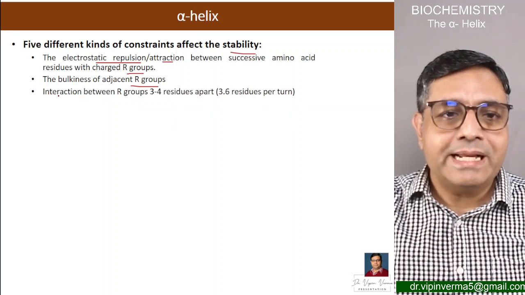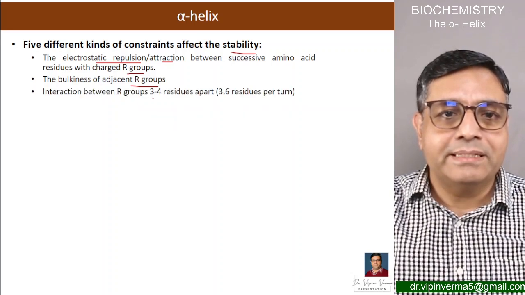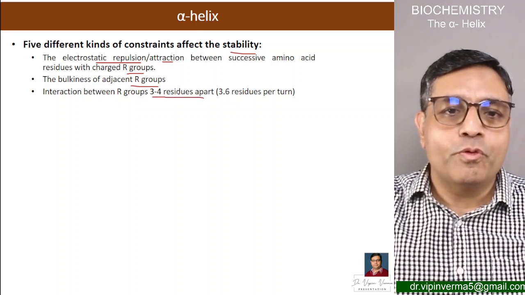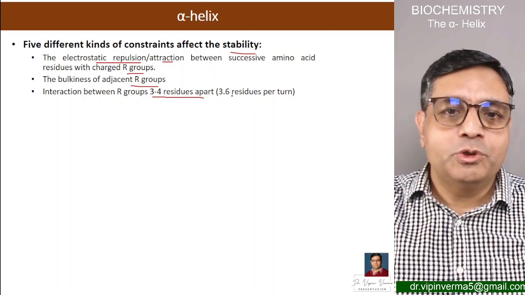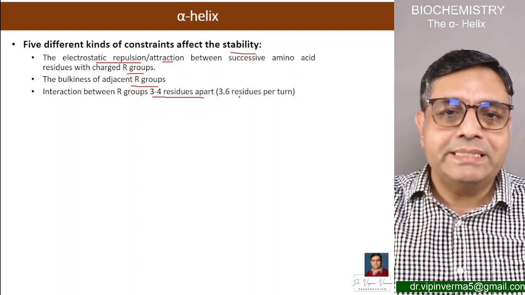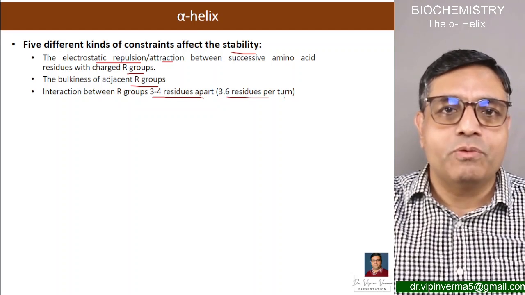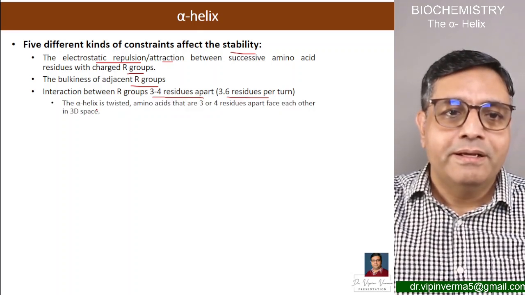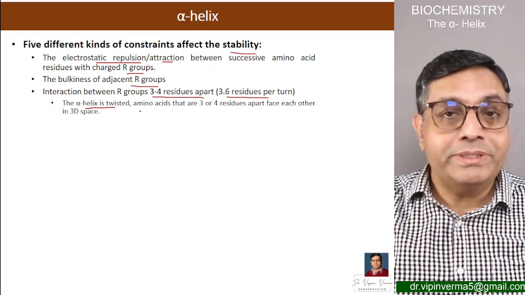Then third is the interaction between the R groups 3 to 4 residues apart. Now when we say 3 to 4 residues apart, why? Because you know that 3.6 residues form around a turn. So we are talking about 3 to 4 residues apart when the alpha helix is twisted.